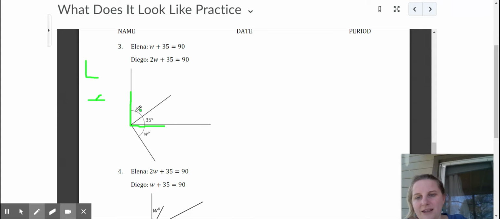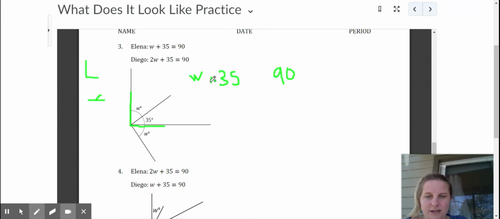Okay, so again, that means that these two things together are going to total up to 90 degrees. Inside of this, I've got a W and I have 35. When I put them together, they make this shape of 90 degrees.